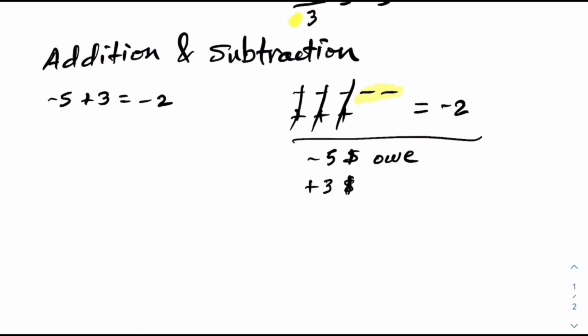And then positive $3 is money that you have, and what you have, you pay back what you owe. So if you owe someone $5 and you pay $3, you would still owe them $2.